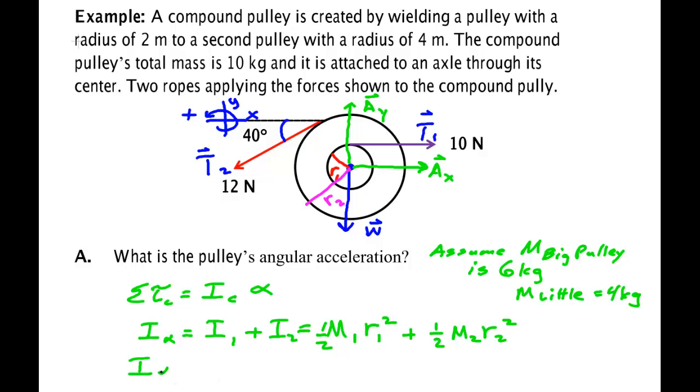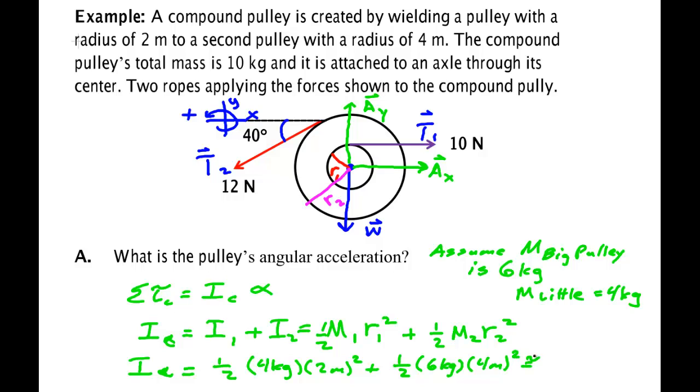So calculating the inertia here, it's equal to 1/2 times 4 kilograms times 2 meters squared. The bigger pulley was 6 kilograms. Its radius was 4 meters, and I need to square that.